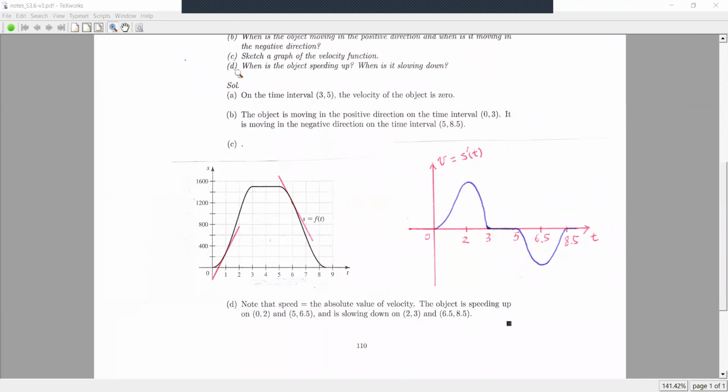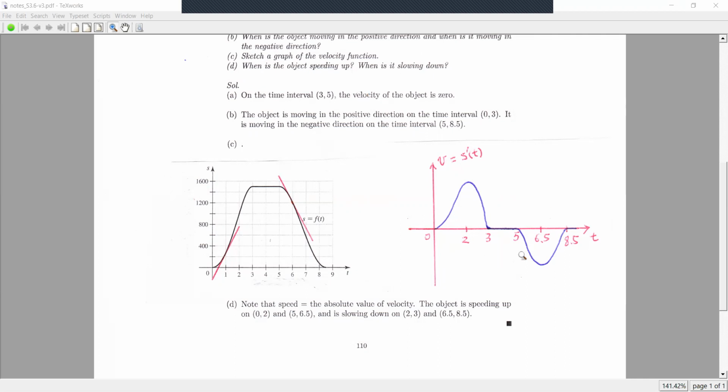So part D is asking, when is the absolute value of the velocity of the object increasing? When is it decreasing?